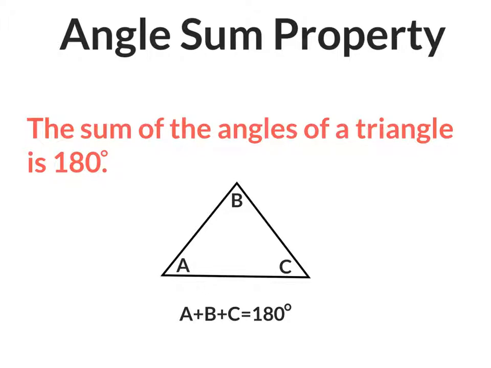Those three angles will always have a sum of 180 degrees. Now, each angle may be a different measure from a previous triangle or the next triangle, and that's fine. But all three angles inside of that triangle will always add to a sum of 180 degrees. And we can use that knowledge in order to problem solve.